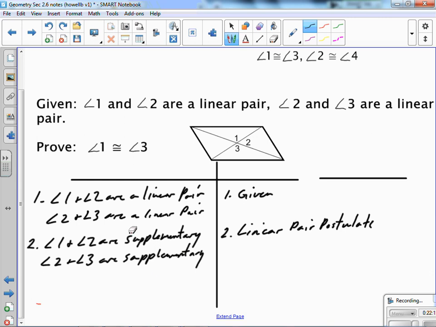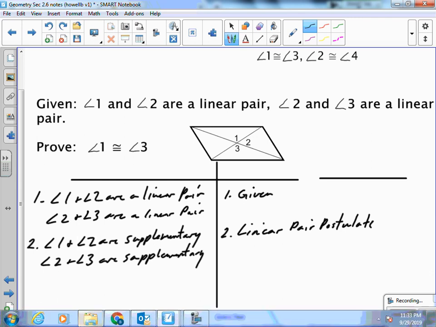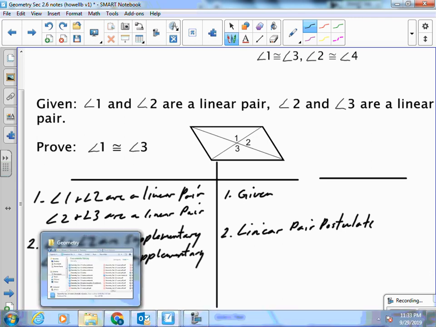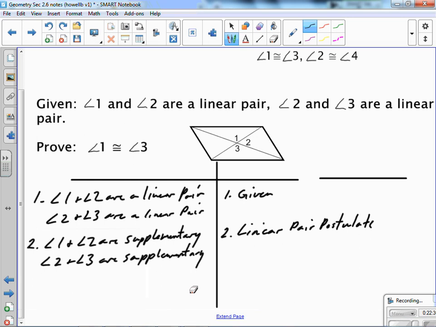And then if we look at what we have here, 1 and 2 are supplementary, 2 and 3 are supplementary. So 1 and 3 are both supplementary with angle 2. So since they're both supplementary with the same angle, then we know that those two angles have to be congruent as well. So last step, angle 1 is congruent to angle 3.